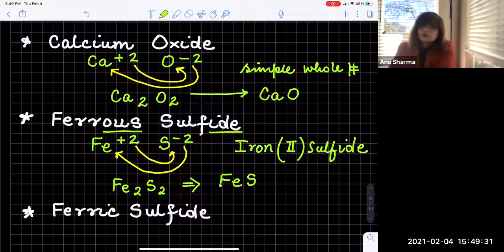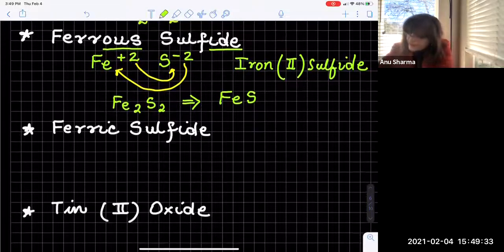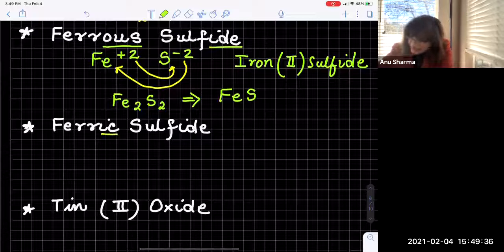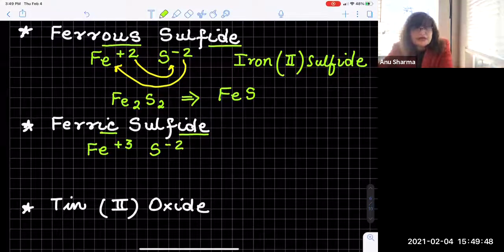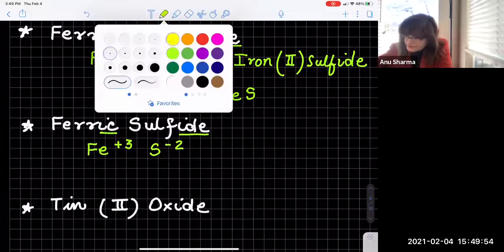Next is ferric sulfide. Ferric, higher oxidation state. Sulfide is just sulfur by itself. So here is your iron +3, and here's your sulfur -2. Sulfur, group 6A, charge -2. Ferric, from the table, is the +3 charge.